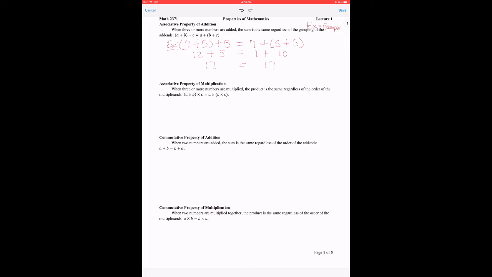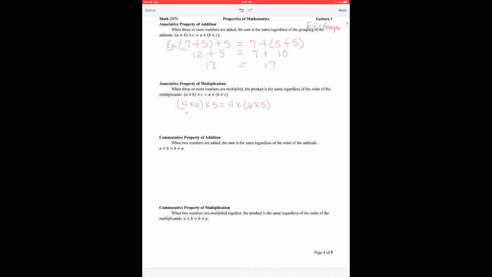Next, the associative property of multiplication. For example, 4 times 6, times 5 equals 4 times 6 times 5. This again allows us to regroup. It makes multiplication easier.